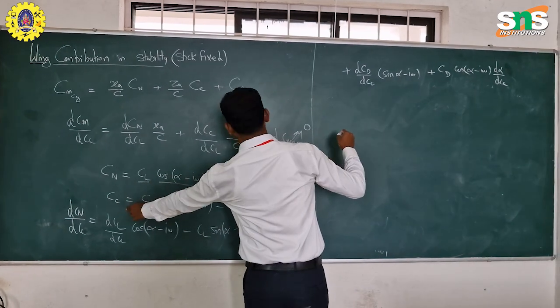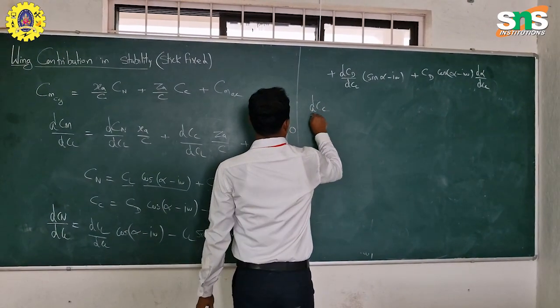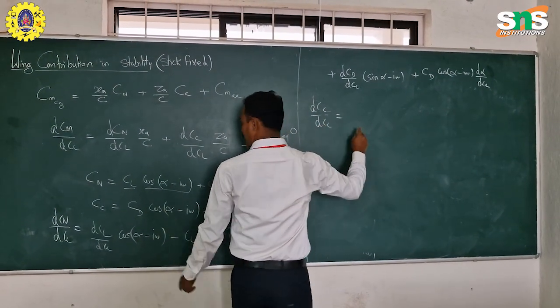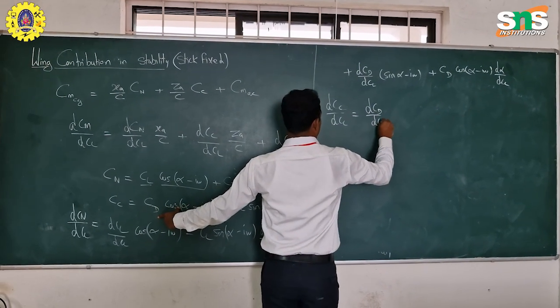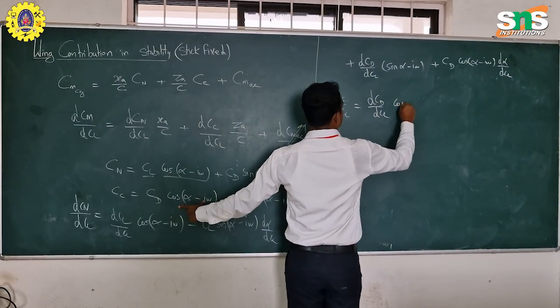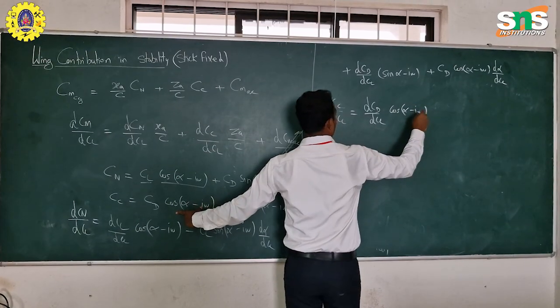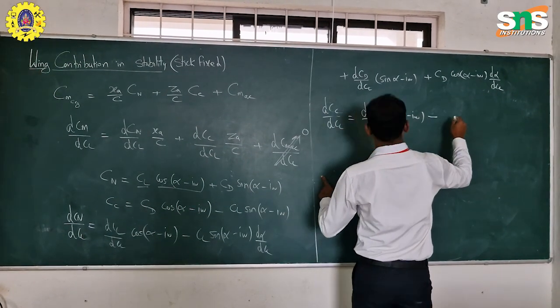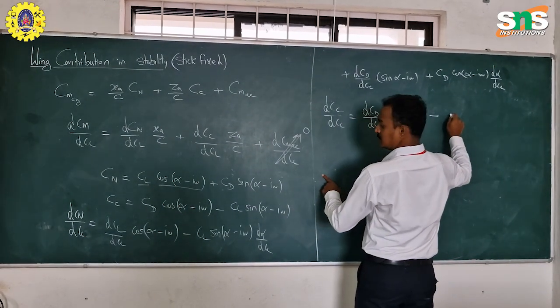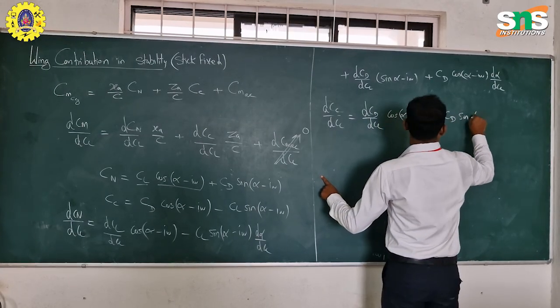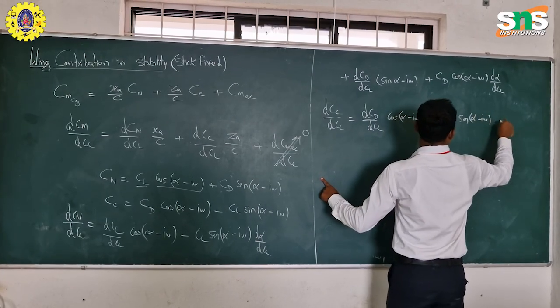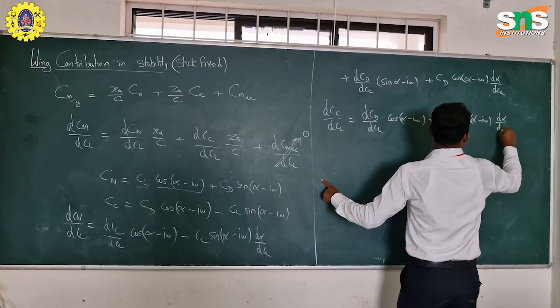Similarly for the adverse force, dCc by dCl, using the uv method, we get dCd by dCl into cos(alpha minus iw), minus Cd into sin(alpha minus iw) into d alpha by dCl.